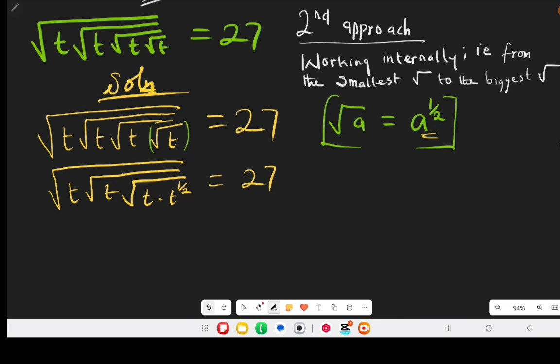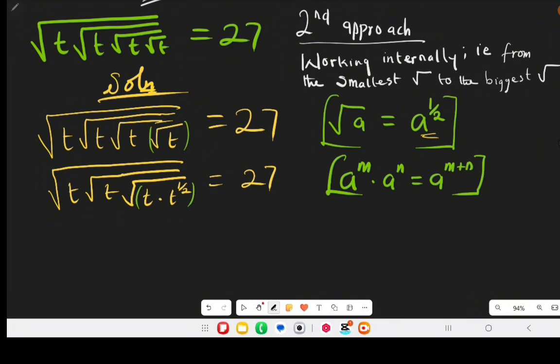We state that whenever we have a raised to the power of m times a raised to the power of n, it is equal to a raised to the power of m plus n. If that holds, we are going to apply it here.